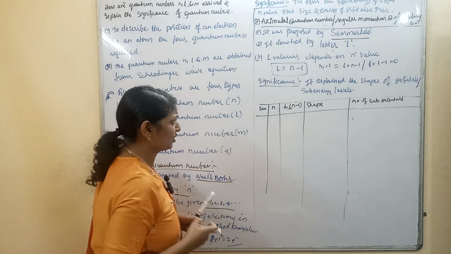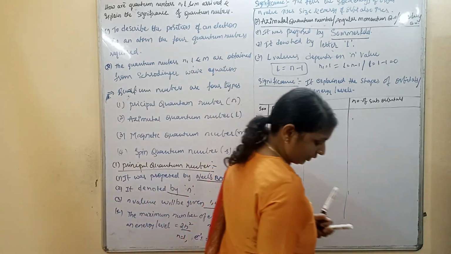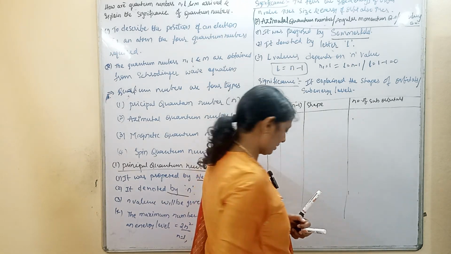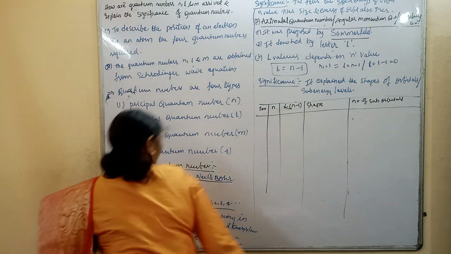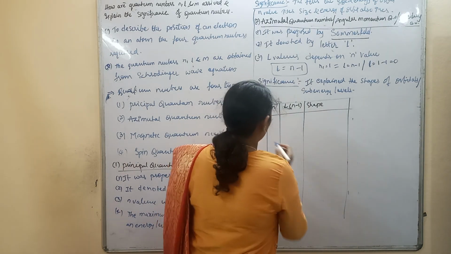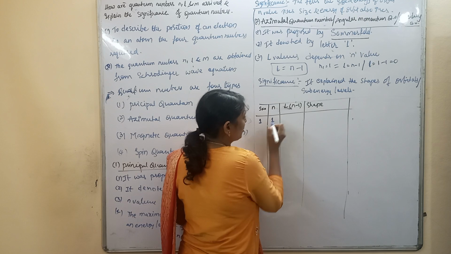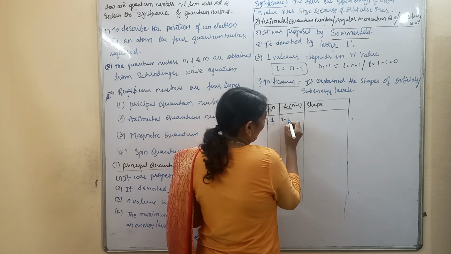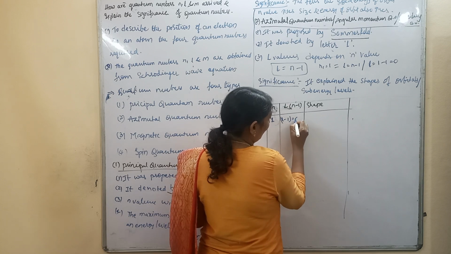Directly you can take. Look here. Serial number 1, n value. If n value is 1, n minus 1 value, how much does it become? 1 minus 1, it becomes 0.